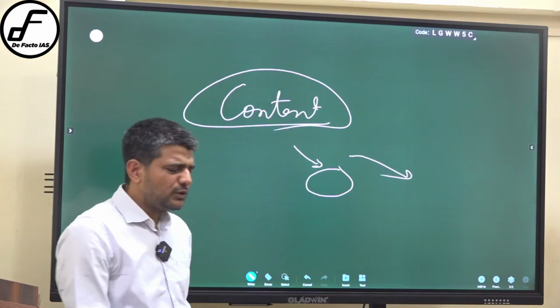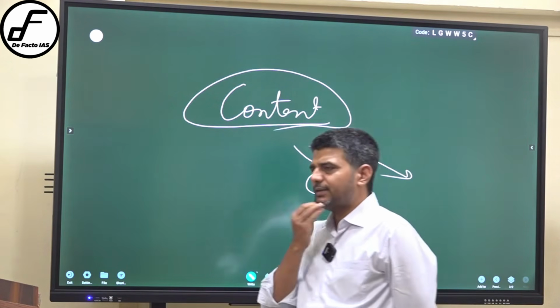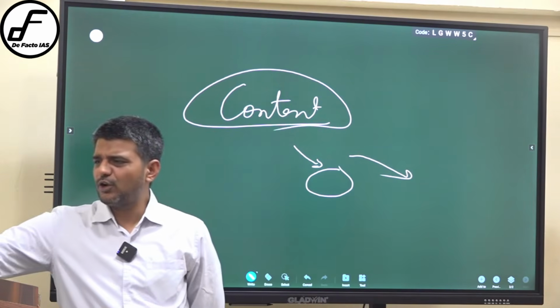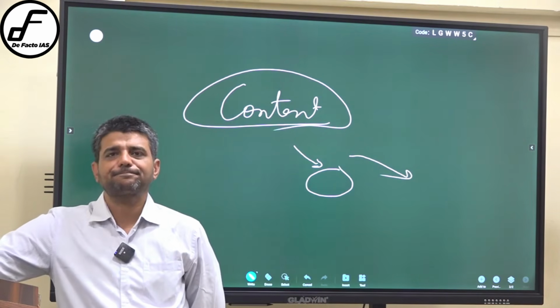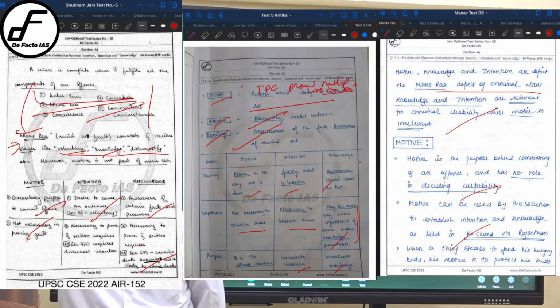Now, based on these three, structuring, presentation and content, let me show you three copies of three people. I will not show you here, I am simply sharing it on the computer screen, you will see it. Now in that, if you look at this screen, what are the things that you see?